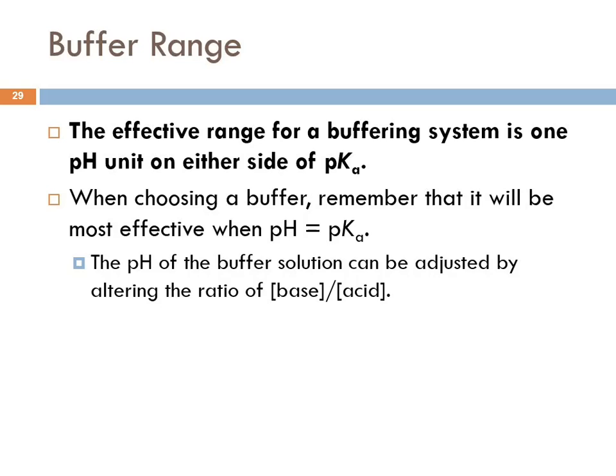Do you want the pH to be around 5? Do you want it to be around 8? You're going to choose your buffer remembering that it's going to be most effective when the pH is close to the pKa. And then you can adjust the actual pH of the buffer a little bit either way within that plus or minus 1 pH unit, just by adjusting the ratio of the base to acid.